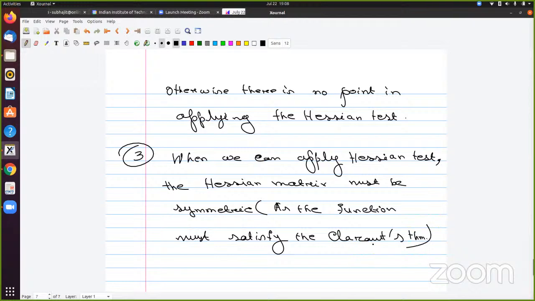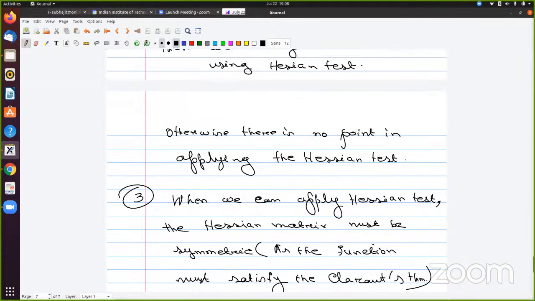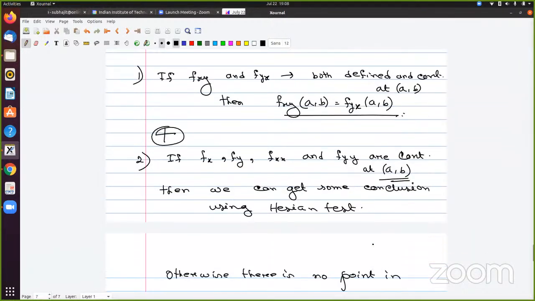So this is basically the gist of the problem.